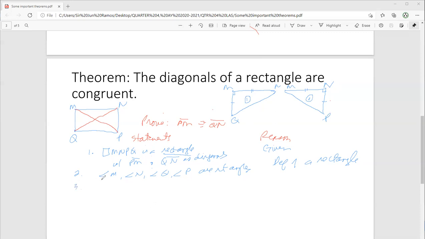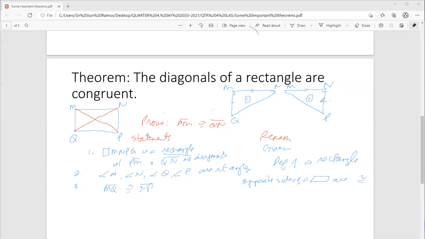So I can say here that MQ is congruent to NP. Okay, what is this? You can say the opposite sides. This is a property: opposite sides of a parallelogram are congruent.